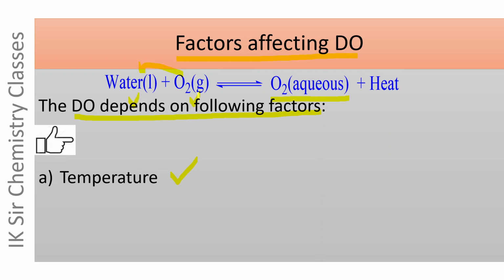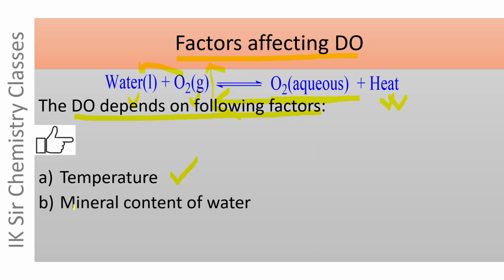In the present case, if the temperature is increased, this equilibrium shifts in the backward direction so that heat is absorbed. It means when temperature is increased, O2 dissolved in water comes out from it. That is, the dissolved oxygen decreases with increase in temperature.